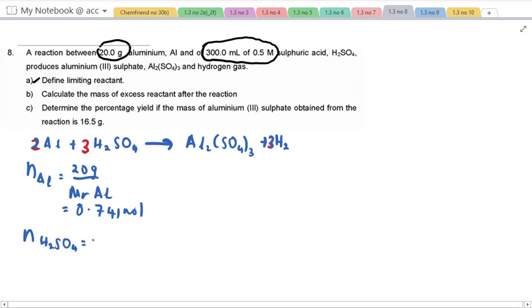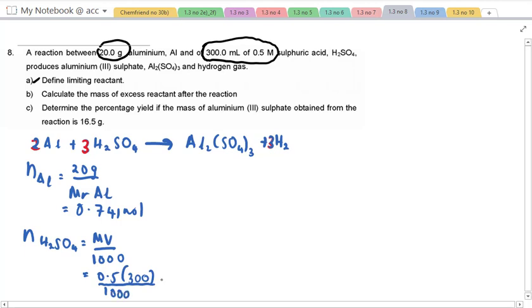It is MV per 1000. Then you insert the molarity is 0.5 times the volume is 300 divided by 1000. To get it in liter, then the mole of sulfuric acid is 0.15 mole.